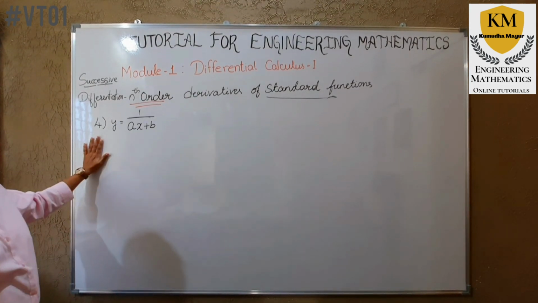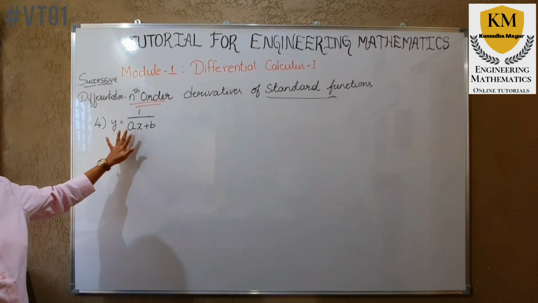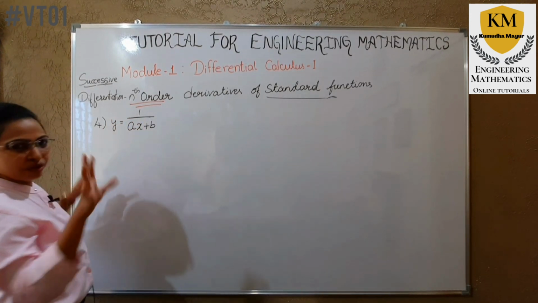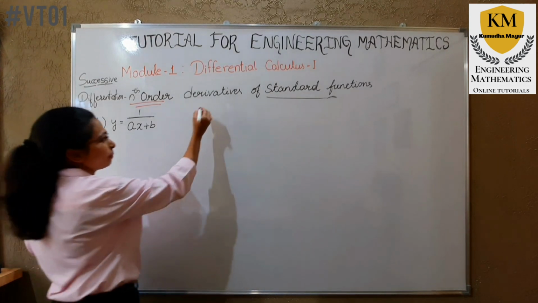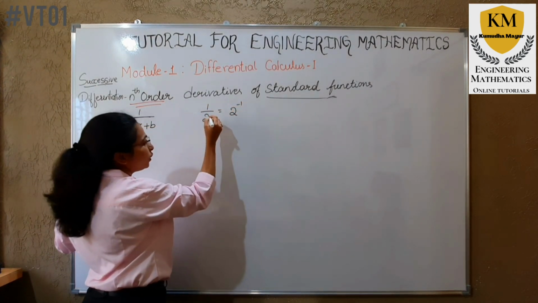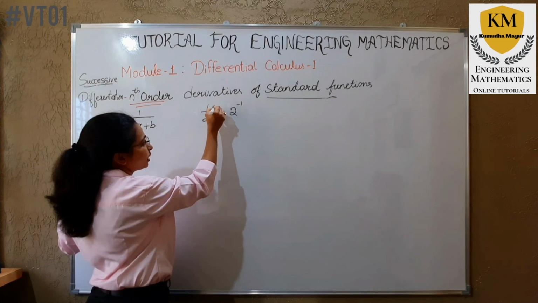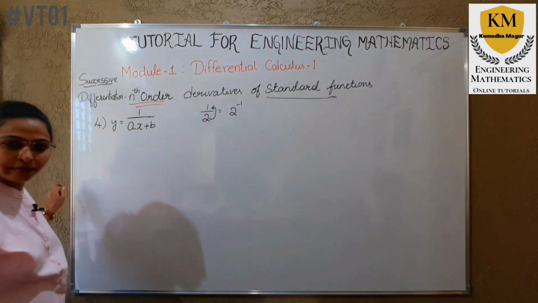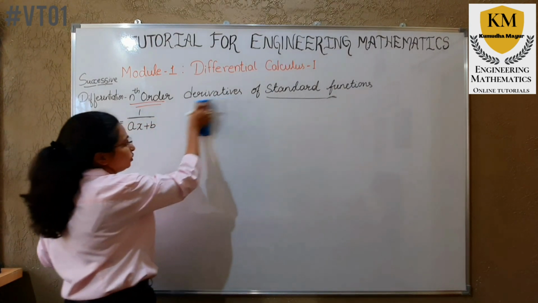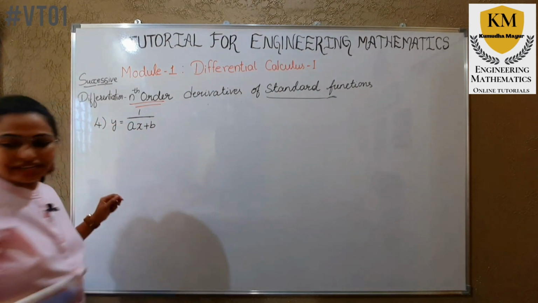Yes, the fourth standard function is y equals 1 divided by ax plus b. So here you need to understand a simple basic. For example, if you are writing 1 by 2, you will write 2 to the power minus 1. When you take 2 from denominator to numerator, the power will become negative. This is the basic concept if you are able to follow. So this standard function makes it very easy.